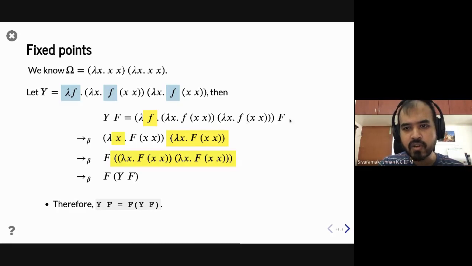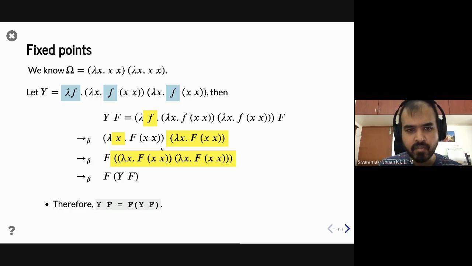The first thing I'm going to do is substitute this big F for small f. Wherever you see small f in this term, you substitute that. So we get big F here, and for this small f we get big F. And this is self-application now. So reduce it one step, one further step.